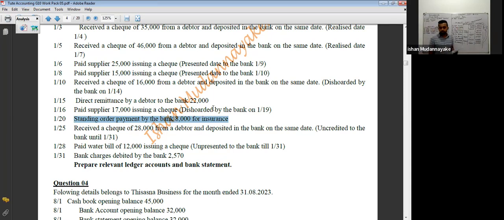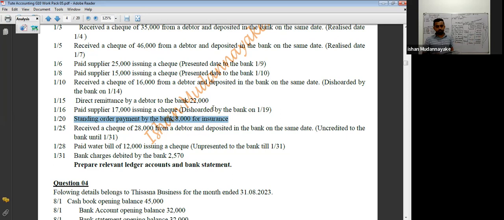Standing order. That is, we have ordered the bank to pay some amount on a specific date to some person or some organization. We have ordered the bank, please pay this amount to this organization on this date each month.